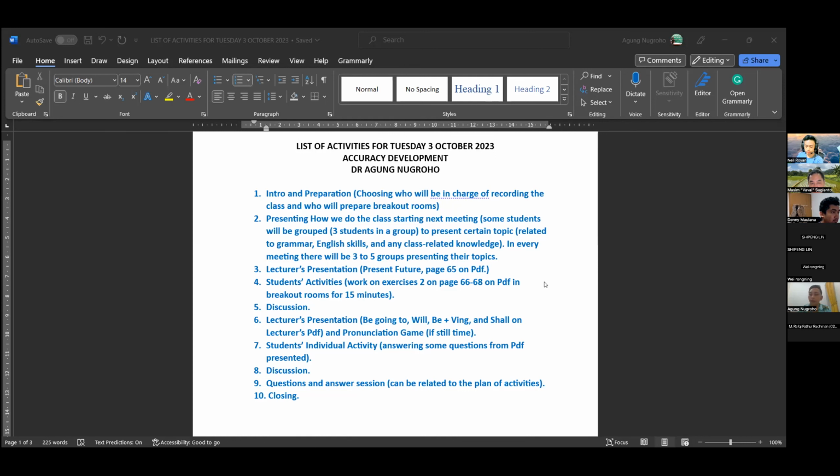And then another group will be in charge of presenting passive voice. And then the third group will be in charge of presenting present future and present future continuous. And the last group, like for example, we have 4 groups, the 4th group will present a topic related to adjectives, nouns, adverbs, for example.